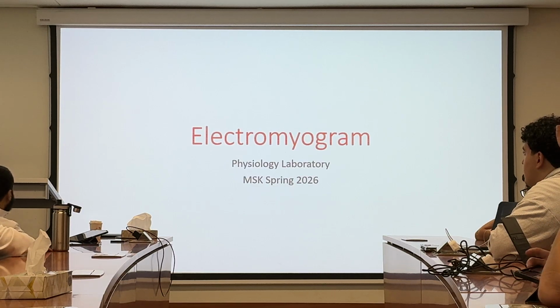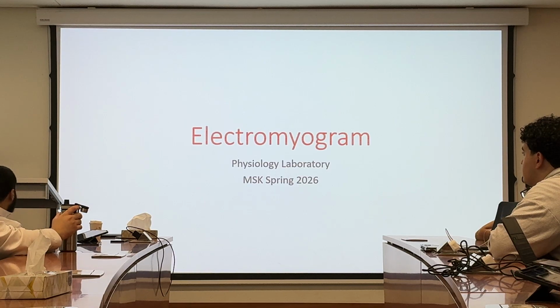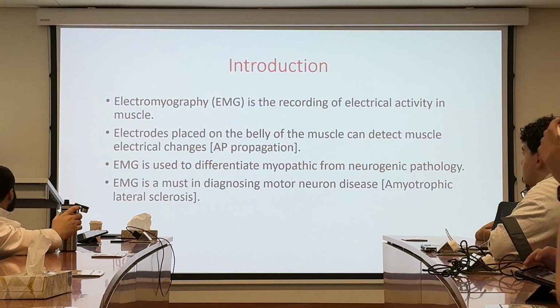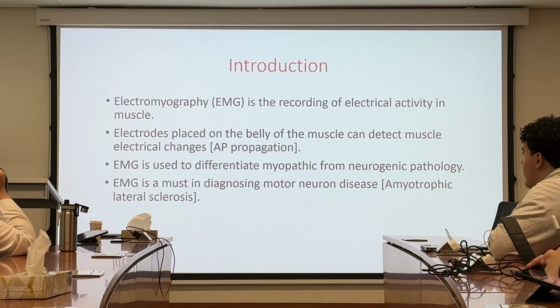This does not require you to stimulate the muscle, because we are going to use a voluntary muscle. All you need to tell your friend is flex the arm, and then the muscle will contract. Are we okay? And we are going to try and measure that electricity. Yes? Good.